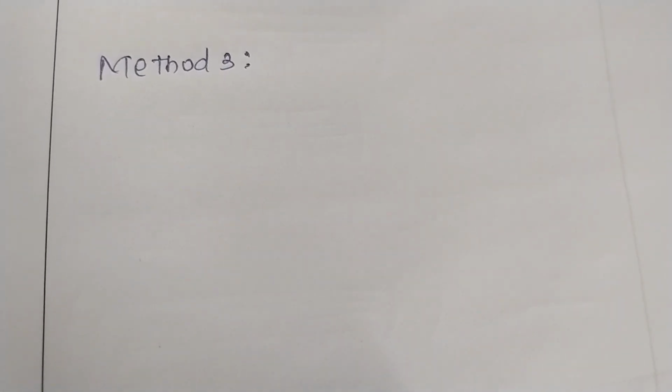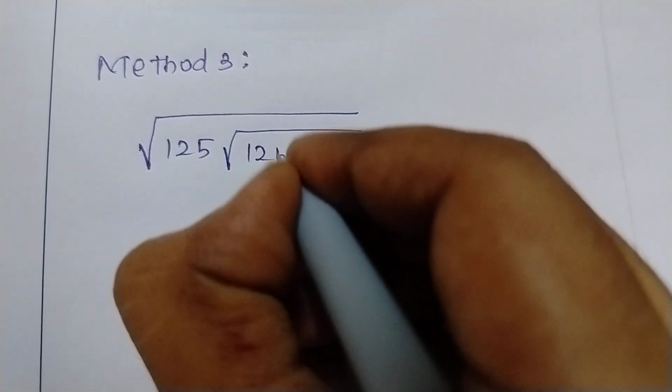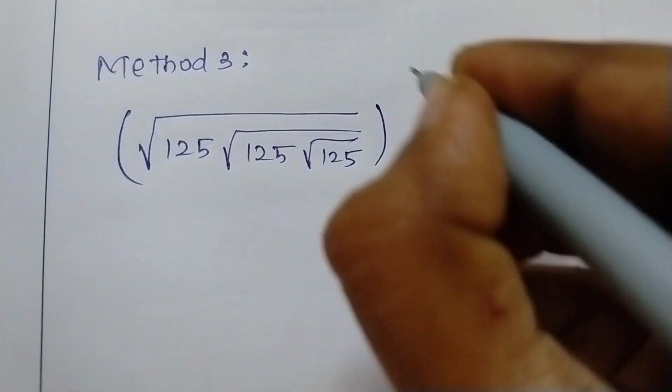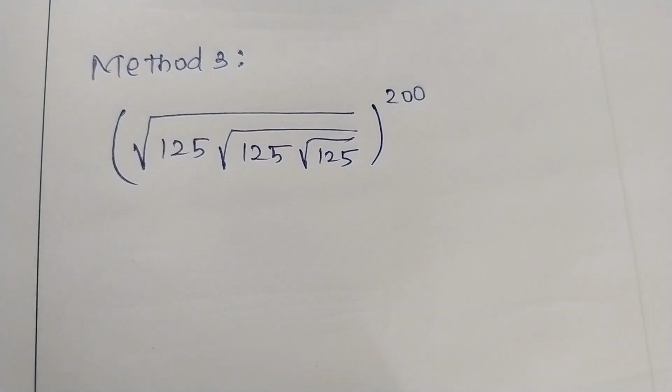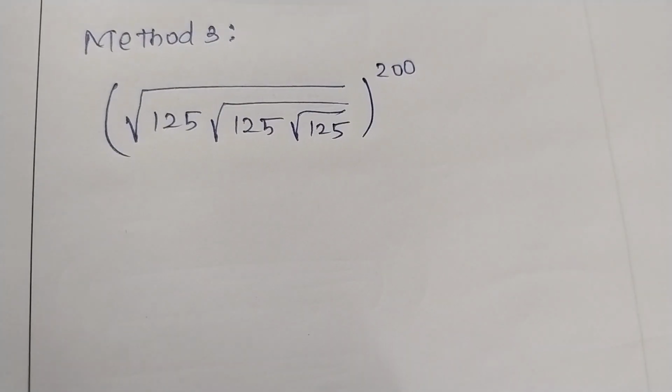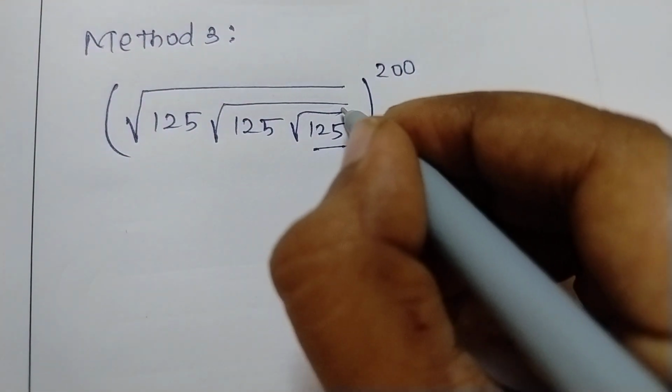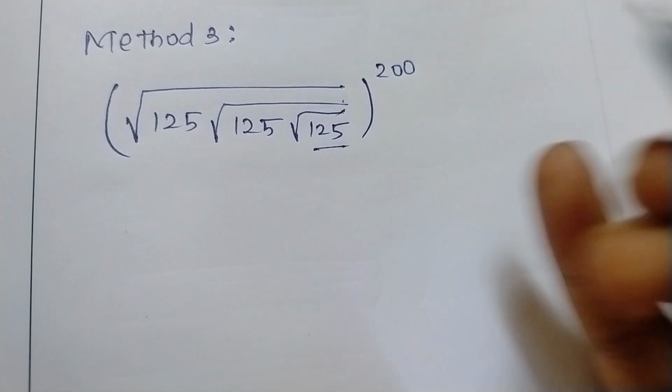So just write the question. Question is root 125, root 125, root 125 to the power 200. So this is the question, right? So first you need to see this 125. How many roots does it have? 1, 2, 3. Okay.